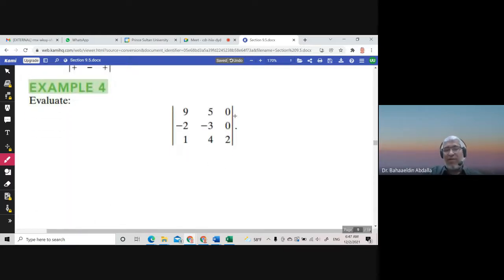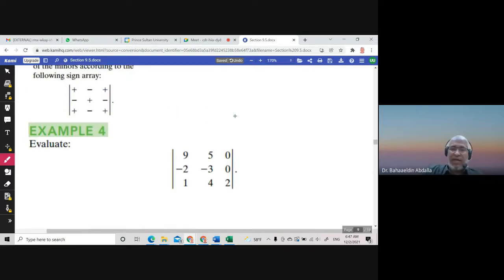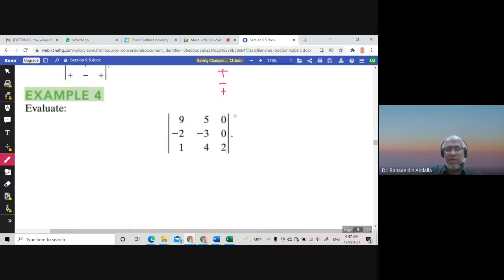Now here I have a column with 2 zeros. Wow. And the signs of the last column, positive, negative, positive. So this determinant would be immediately equal to 2. This 2, the sign is positive. Eliminate the column and the row and write the determinant of the remaining numbers.